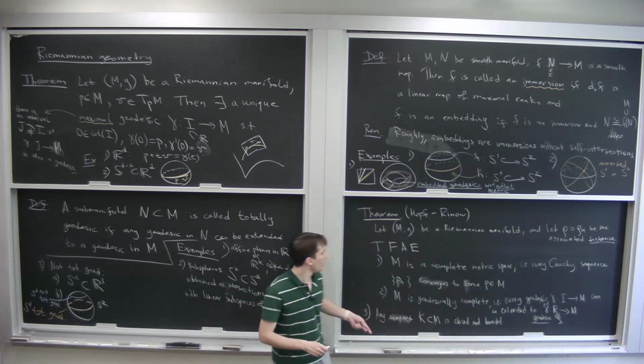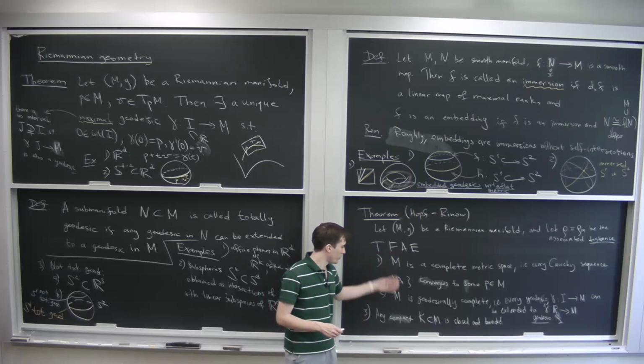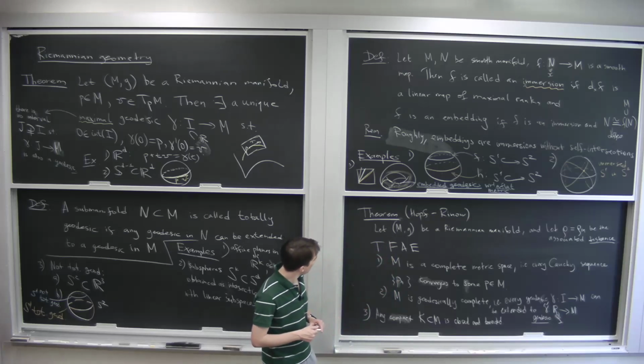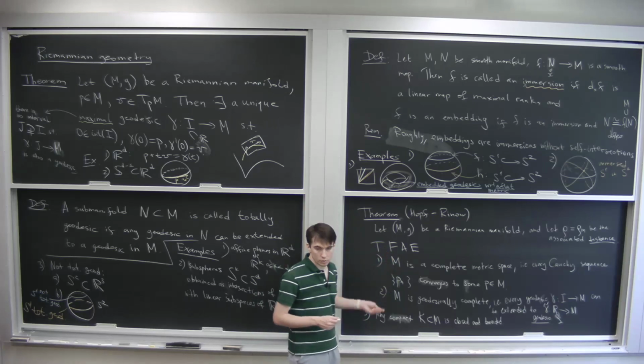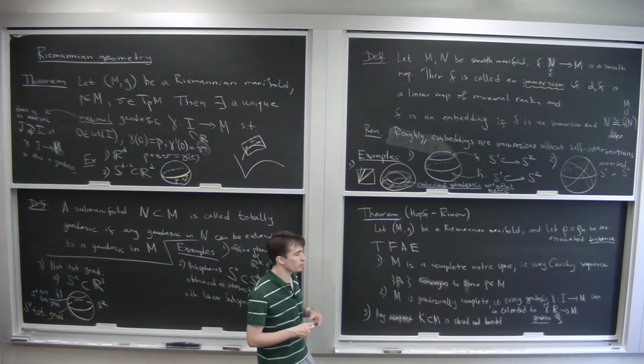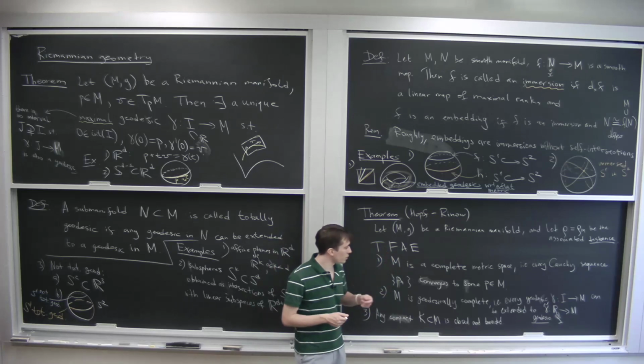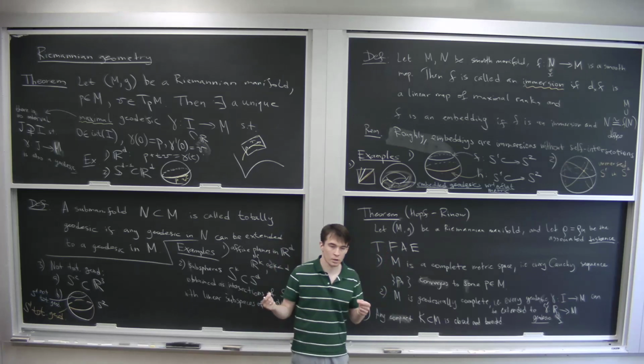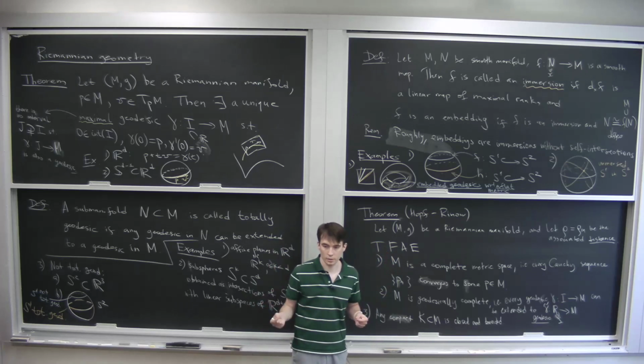In particular, if any of these conditions hold, then in fact for every two points, there exists a geodesic realizing the distance.